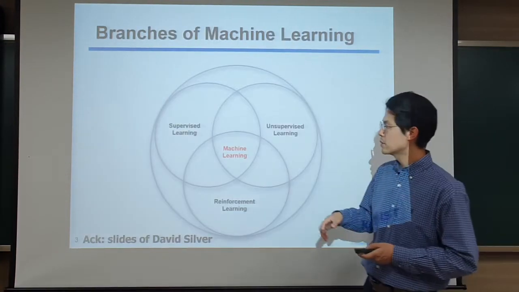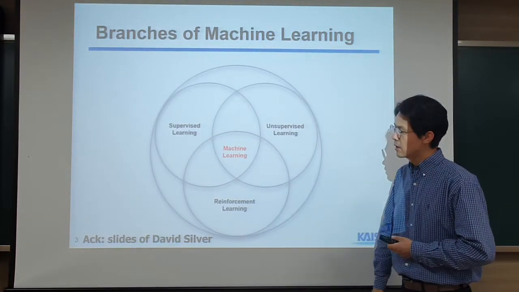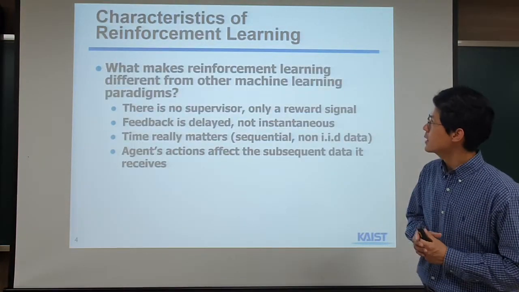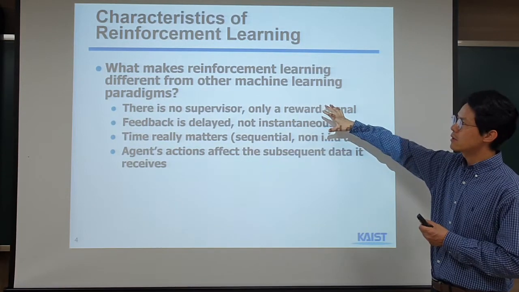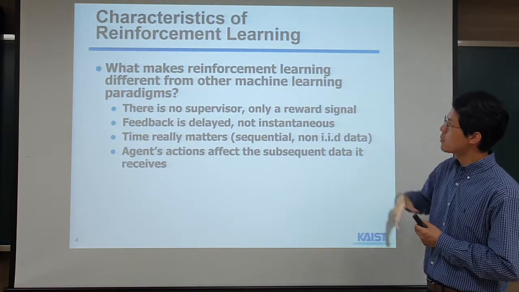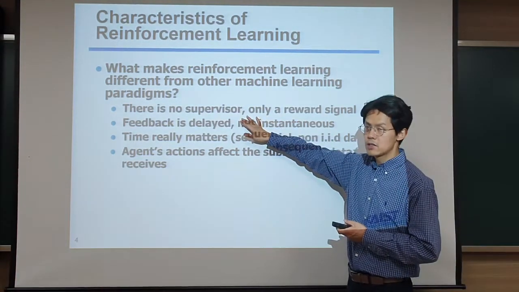So basically, one of the main branches of machine learning is reinforcement learning. Reinforcement learning has a very interesting concept. These are some of the main components that set reinforcement learning apart from other machine learning techniques. There's no supervisor.